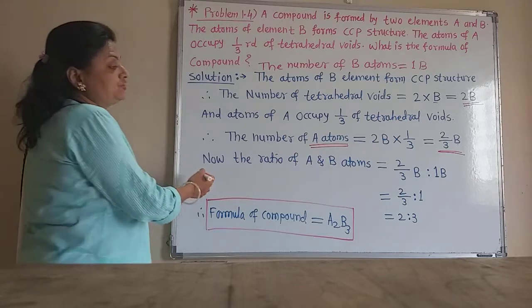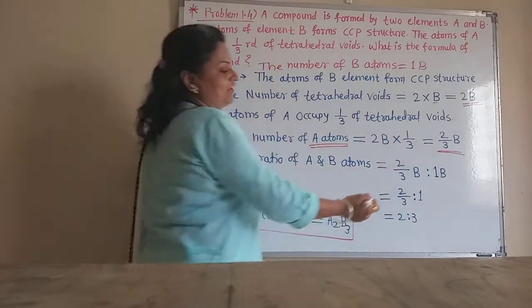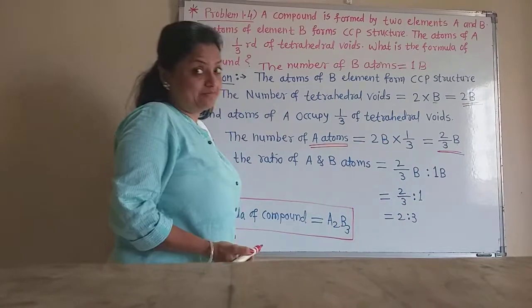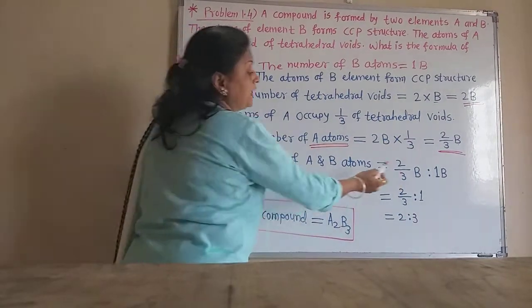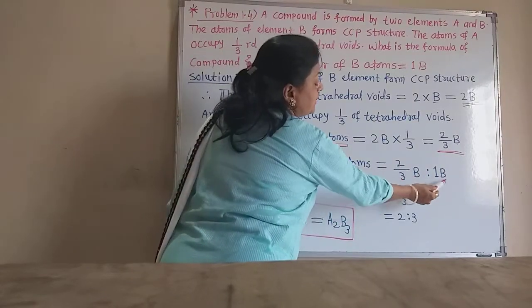Now the ratio of A and B atoms: 2 divided by 3B as to 1B.